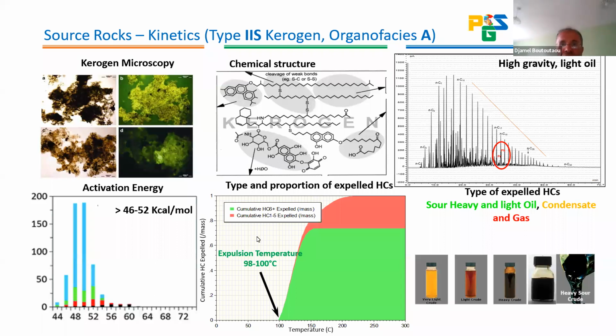So let's go back now to our different types of source rocks, how they behave, and what type of hydrocarbons we can expect from them. For a type 2S, which is an organic-matter-rich source rock rich in sulfur, you can see in the kerogen the rough chemical composition. It's not the chemical structure of a kerogen, of organic matter.